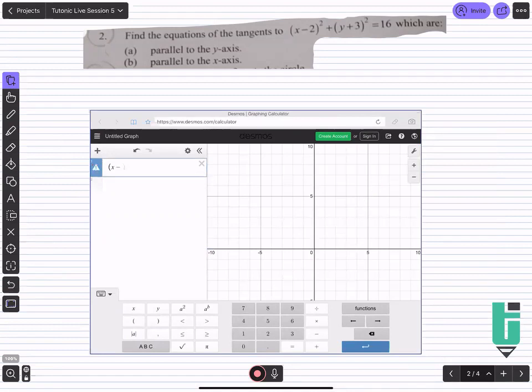I don't know. There's many things. Ilyaas, I think the center is at 2 and -3. Yes. So there's 2 things that you can tell from the equation of the circle. What are the 2 things? The center and the radius.